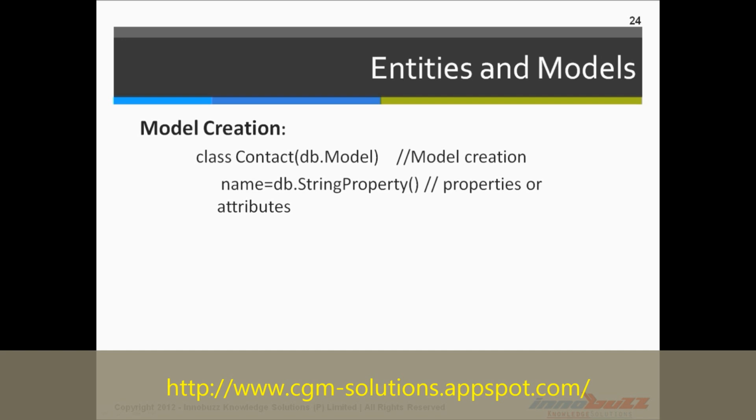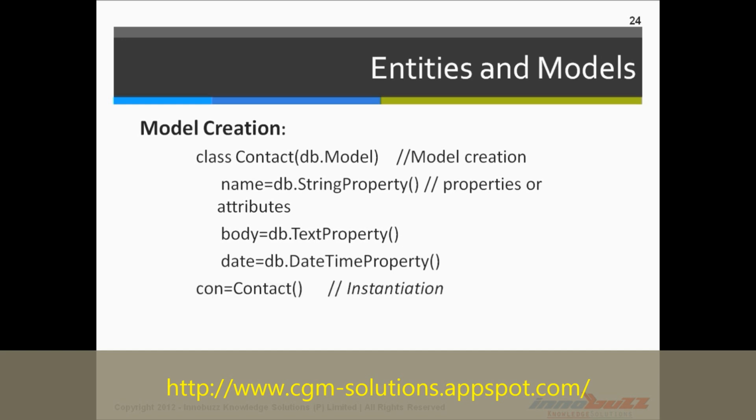We are assigning a string property to the variable name, text property to the variable body, and date property to date. Here is how we can instantiate with the help of the constructor Contact and assign it to an object con. By using con.name equal to Shankar, we are assigning a value to the variable name, and likewise body to the variable body.